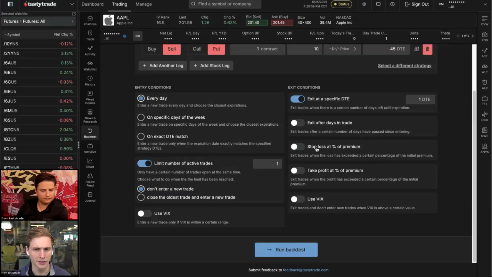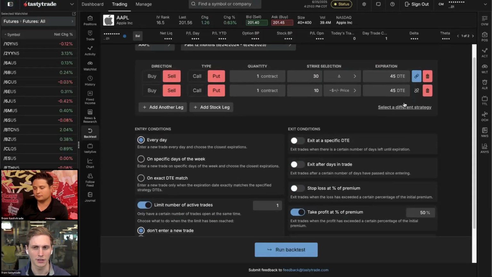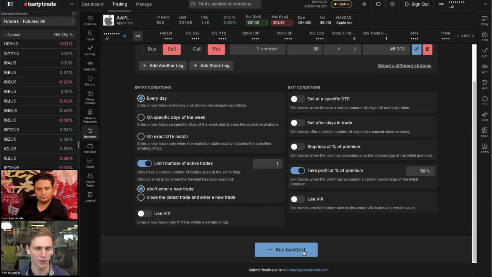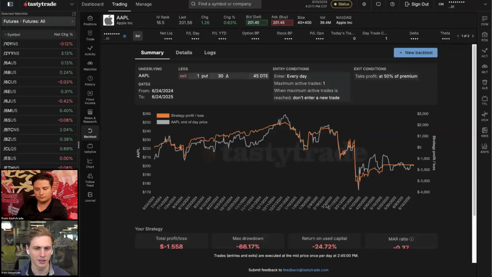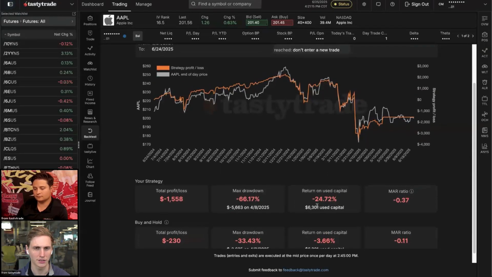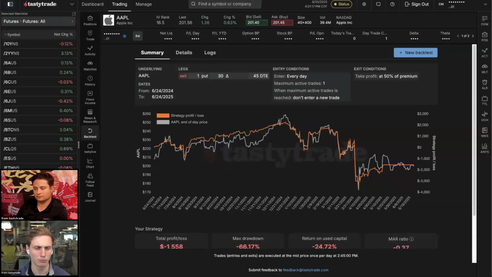And I see someone asking, can you do take profits? So yes. If you wanted to do, again, maybe we'll do that short put, we want to set a 50% take profit point. We could set it right here, run our back test and see how that performs. So again, not necessarily the best here.